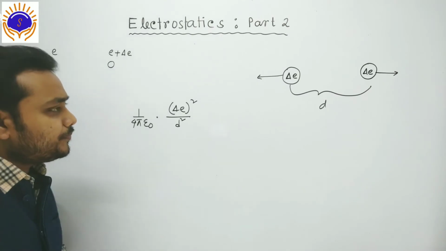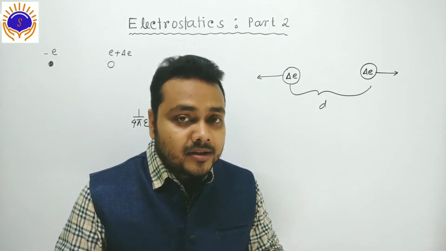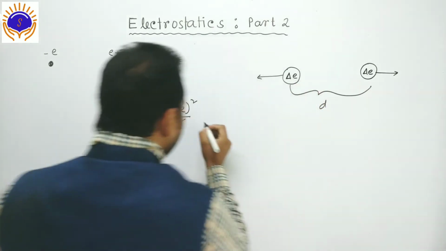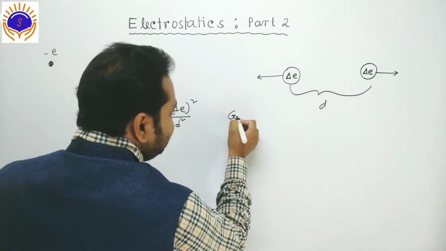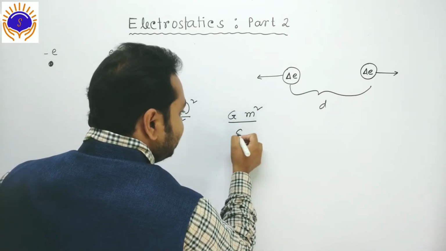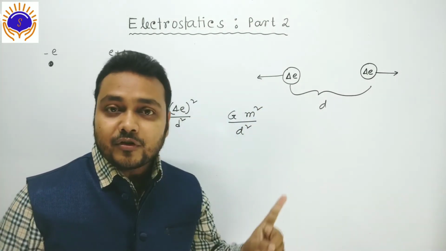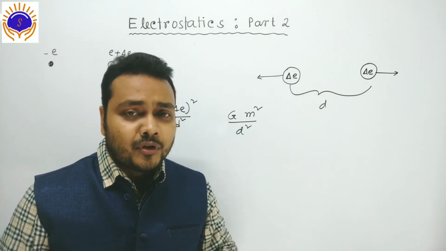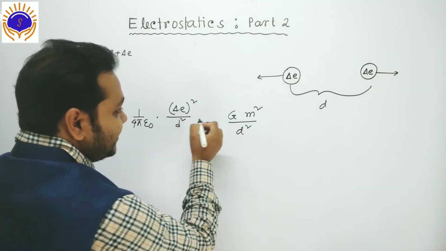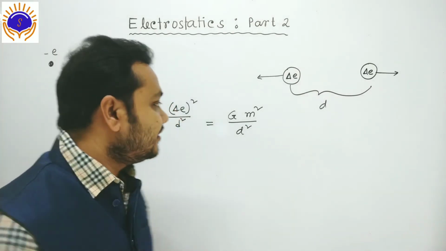Okay, now due to mass, these two hydrogen atoms will attract each other by gravitational force. This gravitational force is G m into m, that is G m square by d square. In the question it is given that the electrostatic force and the gravitational force will cancel each other, so we equate them. Okay, and from this equation you have to find delta E.